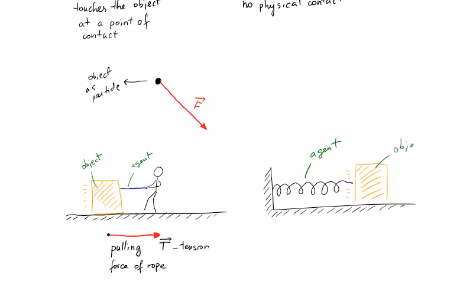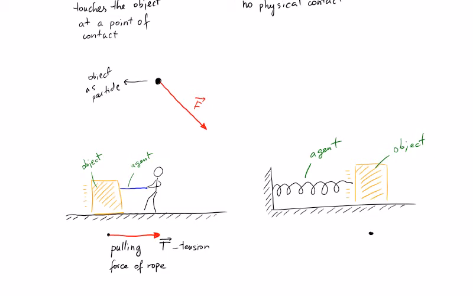If we want to draw the diagram with the object as a particle, we make the object a dot, and then the agent, the spring, is pushing.